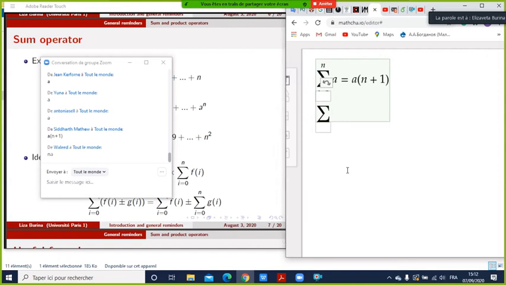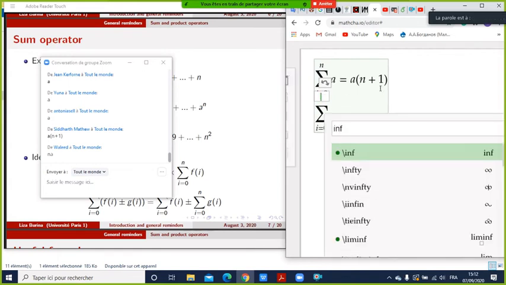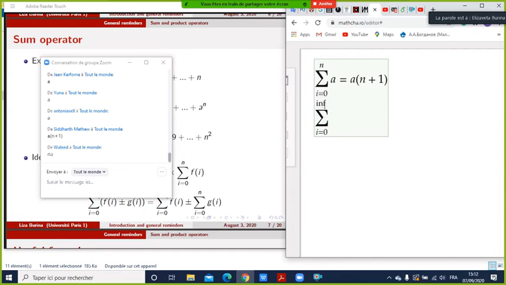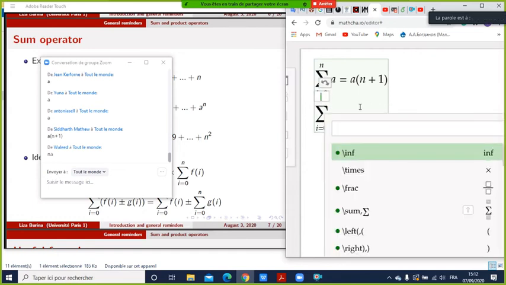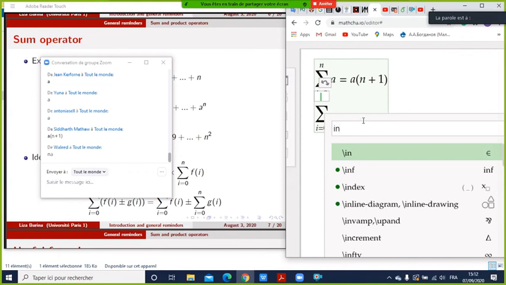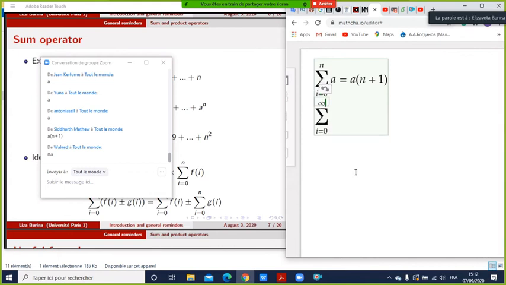Let's go from i equals 0 to plus infinity. It goes to plus infinity, you understand, it's positive.